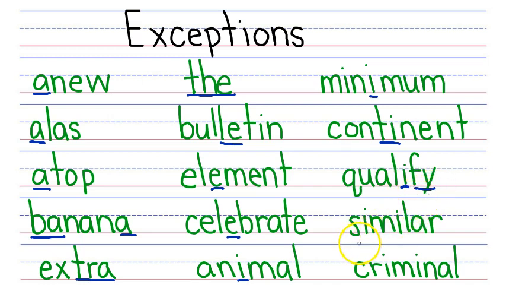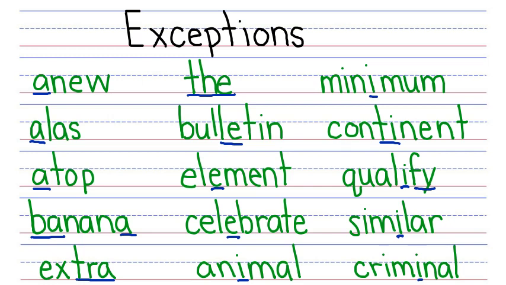Next word, similar. First syllable sim, second syllable i, third syllable lar. The only open syllable in this word is the second syllable. Last word, criminal. First syllable crim, second syllable i, third syllable nal. The only open syllable in that word is the second syllable.